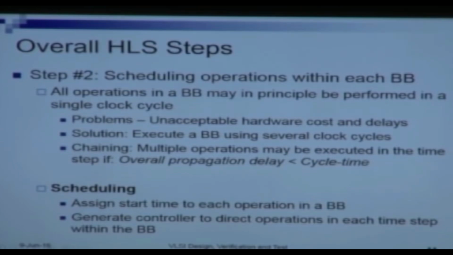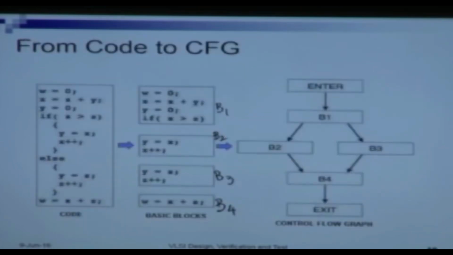Because if we go into the previous basic block, here w equals 0, x equals x plus y, y equals 0, and this if x greater than z computation, we see that there is no control or loop inside it. So data enters, everything cannot be done in parallel, it has to be done in sequence, but we don't need time to explicitly pass in between them. In a single clock step, I can do all these operations together.